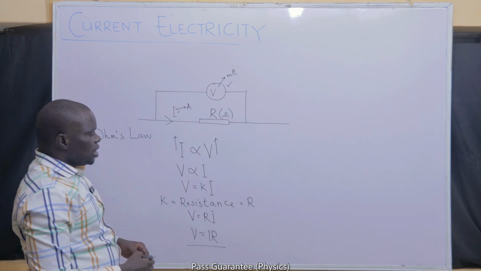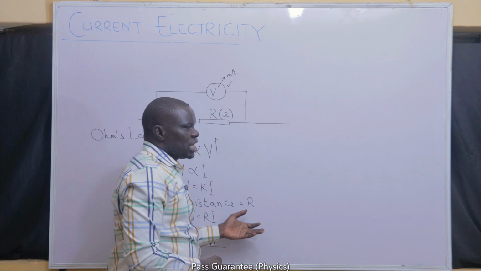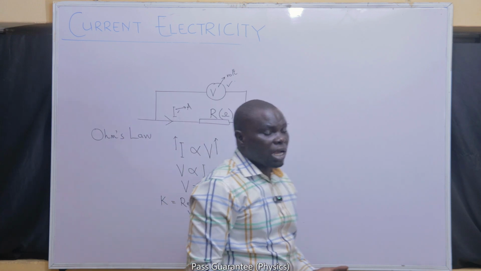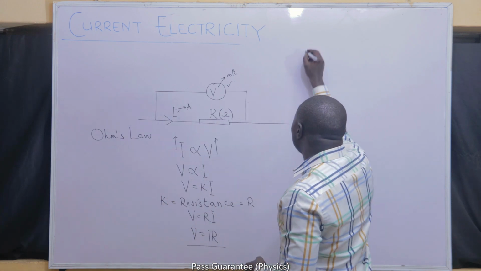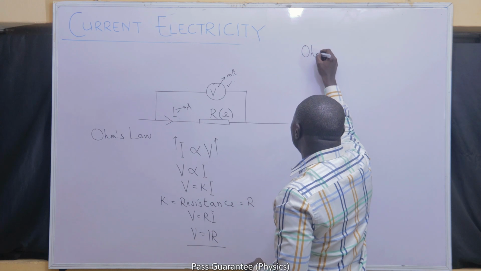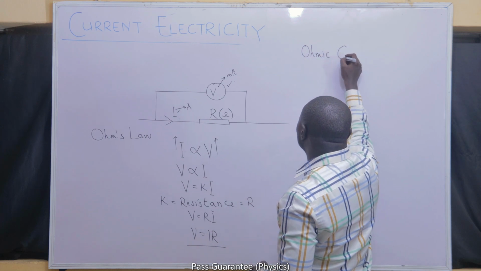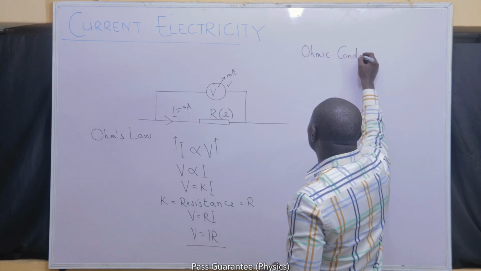Please don't forget, it is not all conductors that obey Ohm's law. Conductors that obey Ohm's law are called ohmic conductors. All metals are ohmic conductors. Ohmic conductors are conductors that obey Ohm's law.